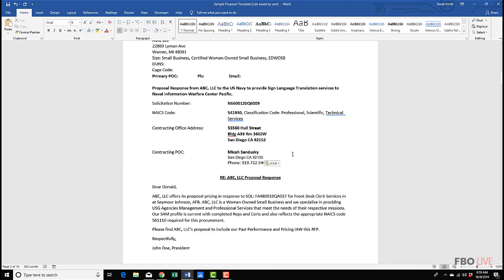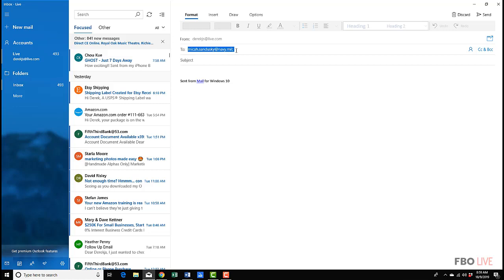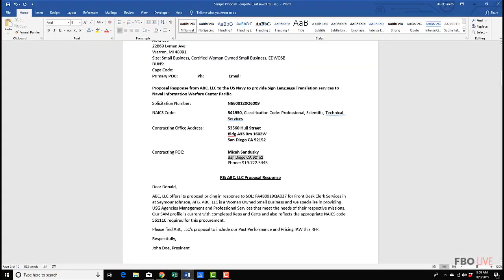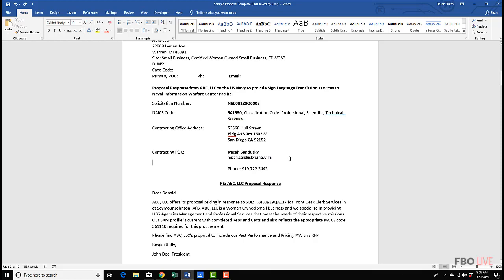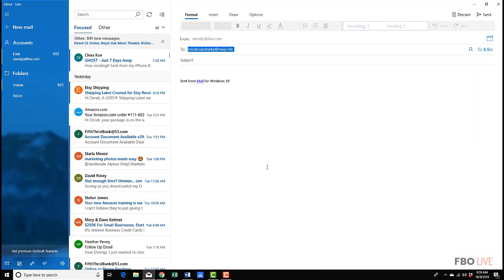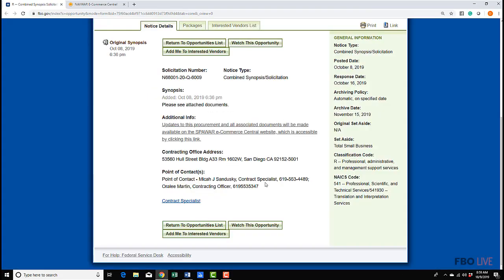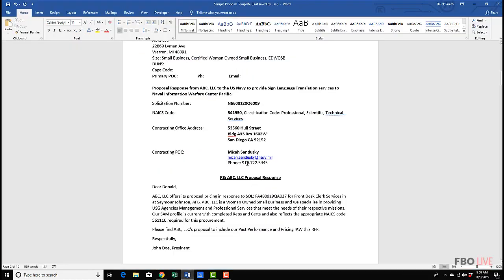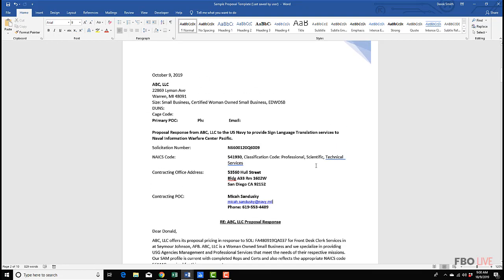The guys and gals who put these solicitations together, most of them don't come from a writing background either. It's all good. Just give them what they're asking for. A lot of it is just plug and play, and in all fairness, this is an RFQ, so it's a request for quote instead of a request for proposal, so it is a little bit easier, but it's the same premise.